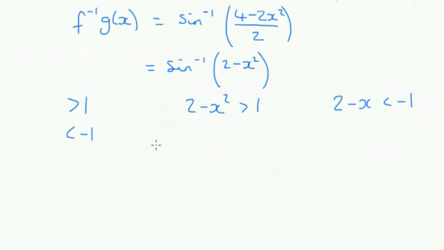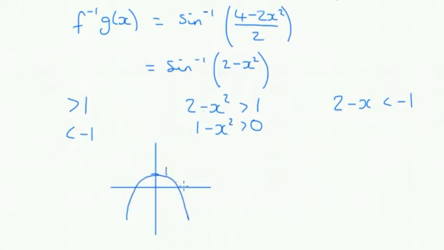Before I draw a sketch, I'm just going to change this slightly. I'm going to take that 1 to the other side and have 1 minus x squared bigger than 0. So if I draw the 1 minus x squared graph, it looks like this. That will equal 0 when x is minus 1 or 1.